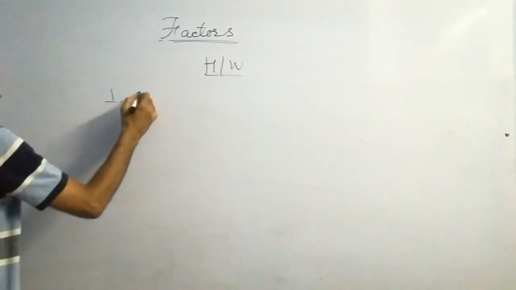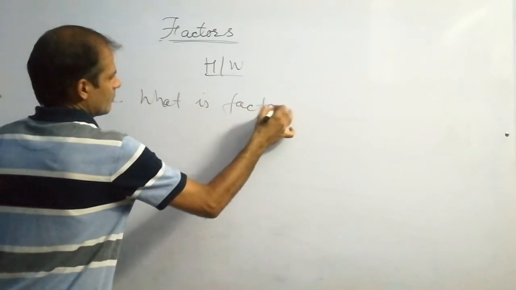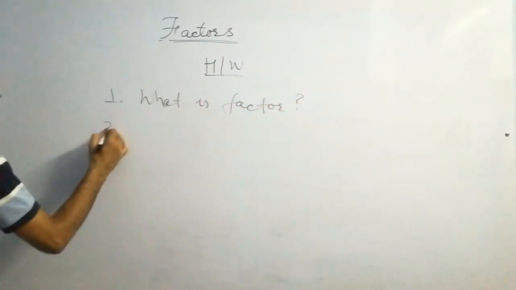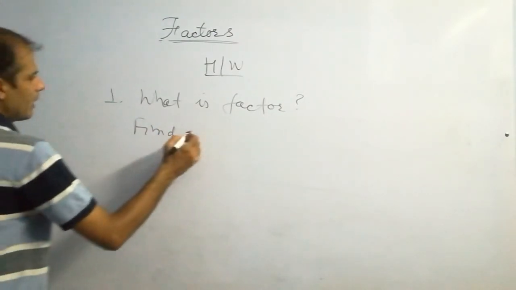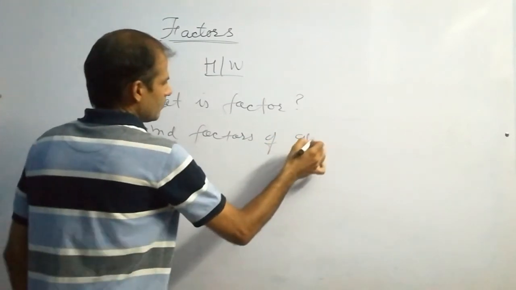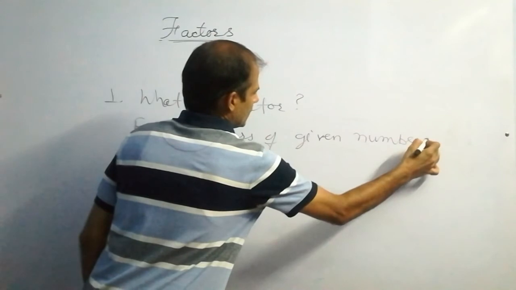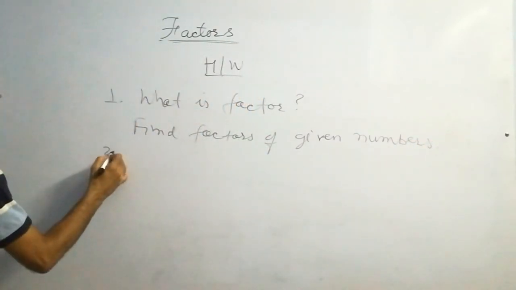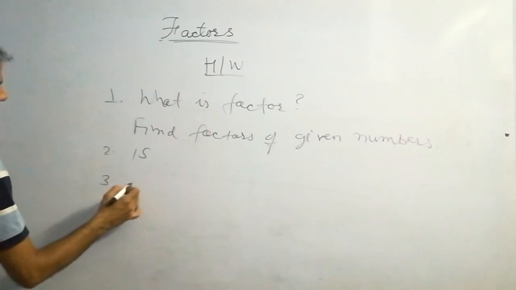First question, what is factor? Second, find factors of given numbers. Second is 15.